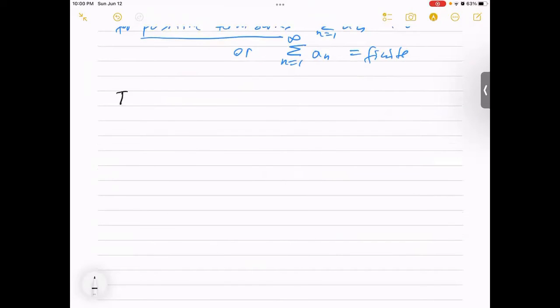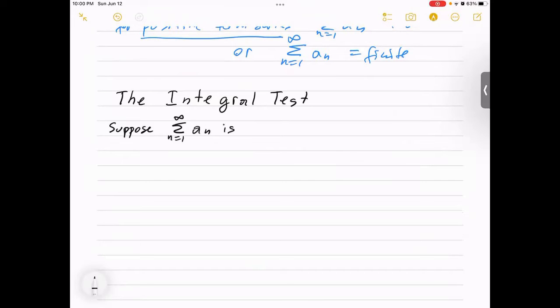So the integral test. Essentially that's the statement which you already did. Suppose we have a series, it's a positive term series.